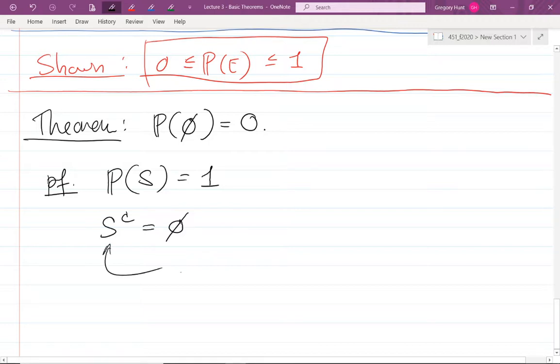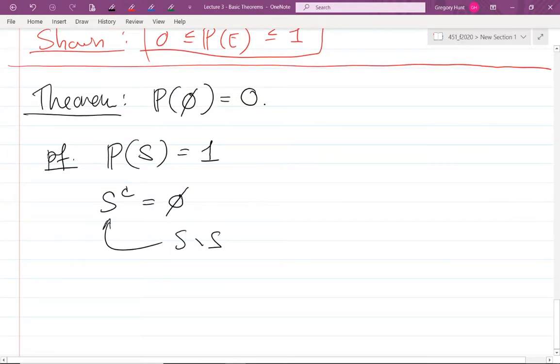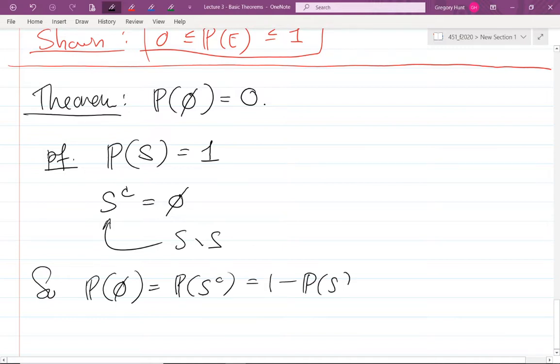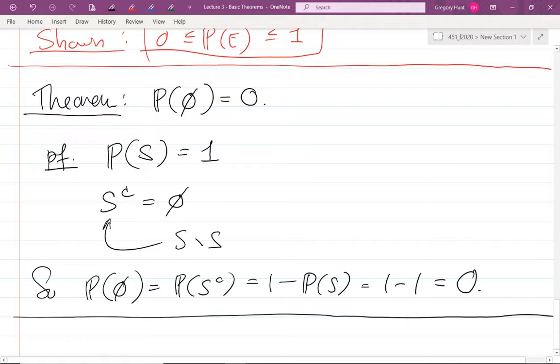So S complement maybe looks a bit weird. This is just S less S. That's how we define complement. That's why I am such a stickler about how you define complement. So let's write this down here. By a complementary rule, another little theorem, the probability of the empty set we can write as the probability of S complement, which is 1 minus probability of S, 1 minus 1, zip, 0, zilch, null, goose egg.